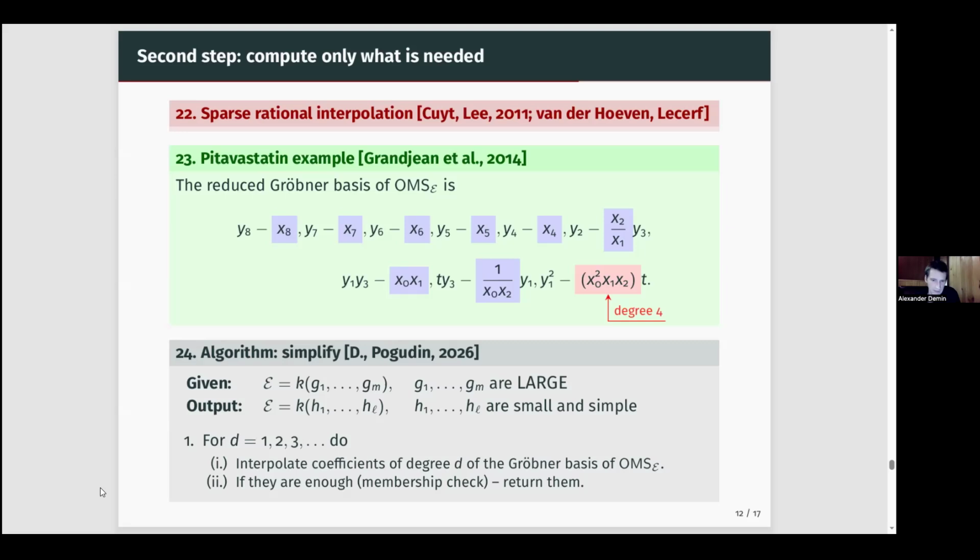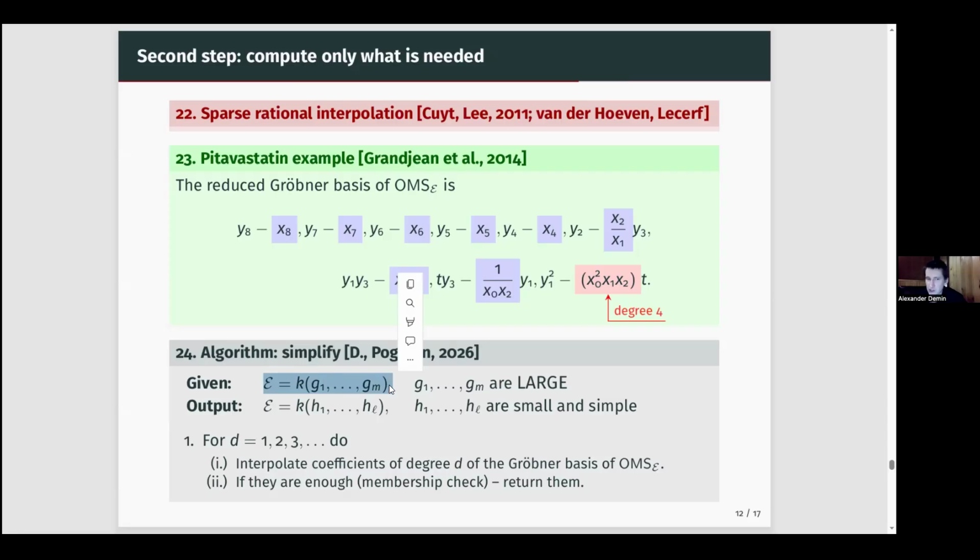All right. Now there is of course a question of when do we stop? When do we know that we have interpolated enough? Here I have written, kind of vaguely, "if there are enough, return them." During the execution of this algorithm, we of course have access to the input field.